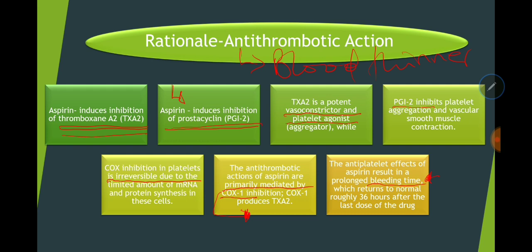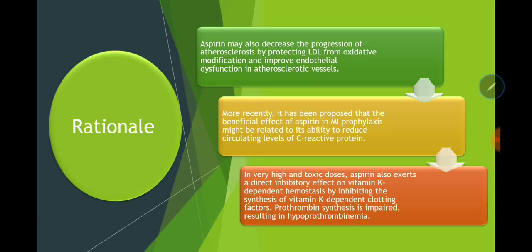Usually the bleeding time after the patient takes aspirin returns to normal roughly 36 hours after the last dose of the drug. So this is very important when you ask somebody to stop taking the blood thinner because you don't want them to bleed. You know that within 36 hours their bleeding time will come back to normal.